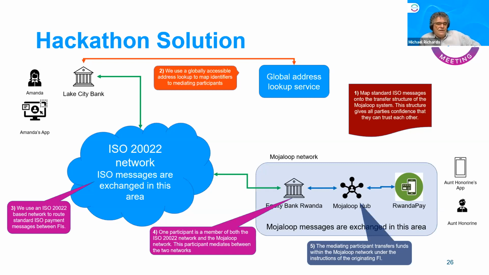So that means that we need some kind of central service, basically, that when you say, here is the phone number, you get the answer, talk to Equity Bank Rwanda. You don't, as an ISO 20022 bank, get the answer, talk to Rwanda Pay, because you don't know how to do that. And in our solution, you don't need to. So those are the main characteristics of the solution.